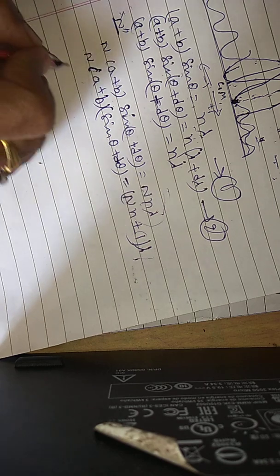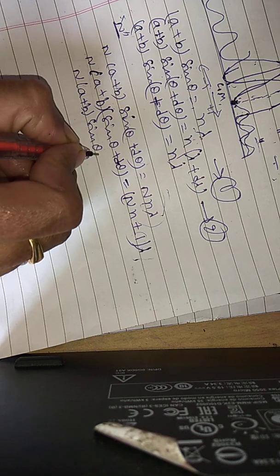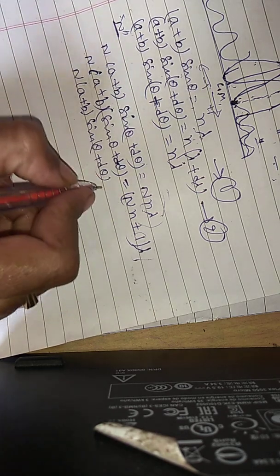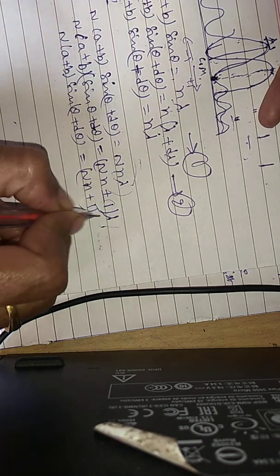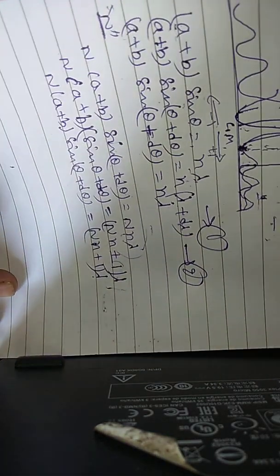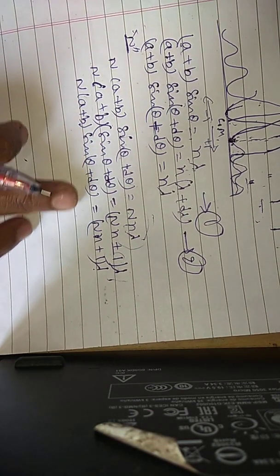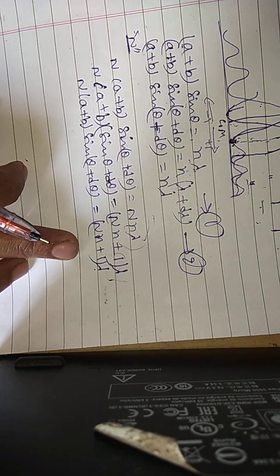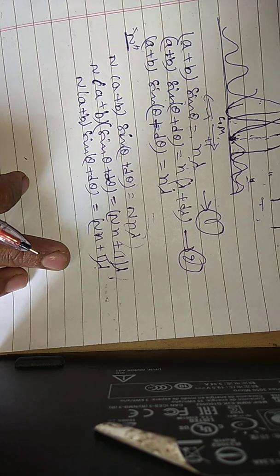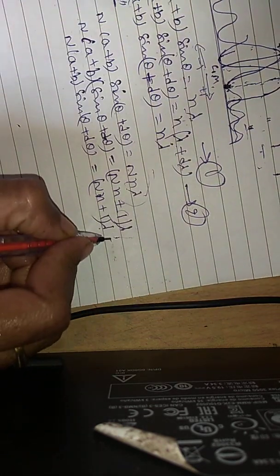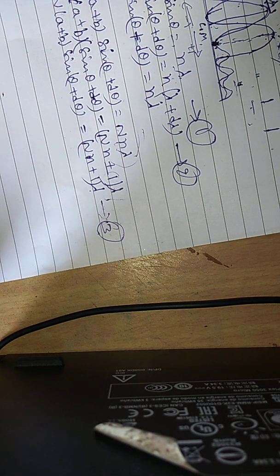If it is formed in this direction, it is taken as minus 1. So better I am taking this value as (a plus b) sin theta plus d theta is equal to (n plus 1) lambda, and we give this as equation 3.